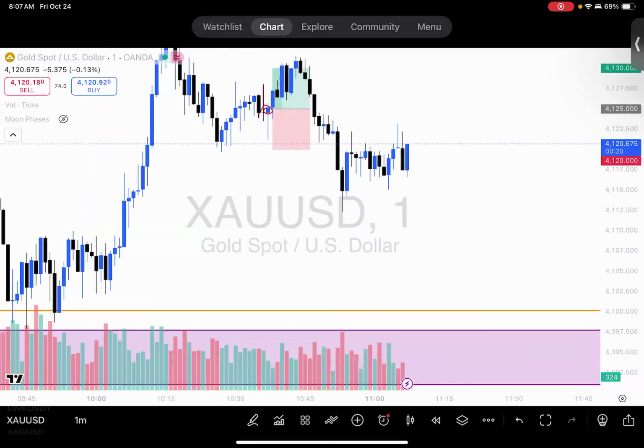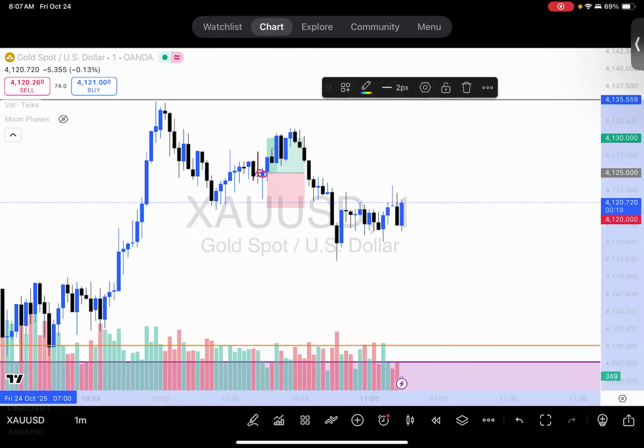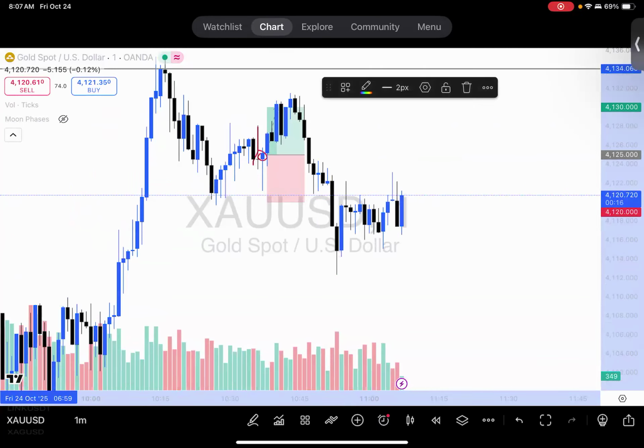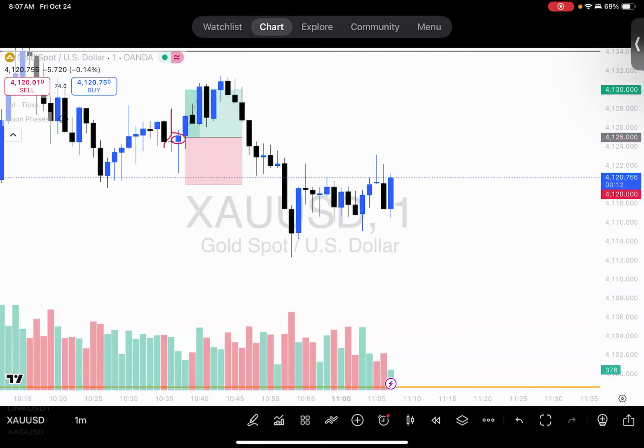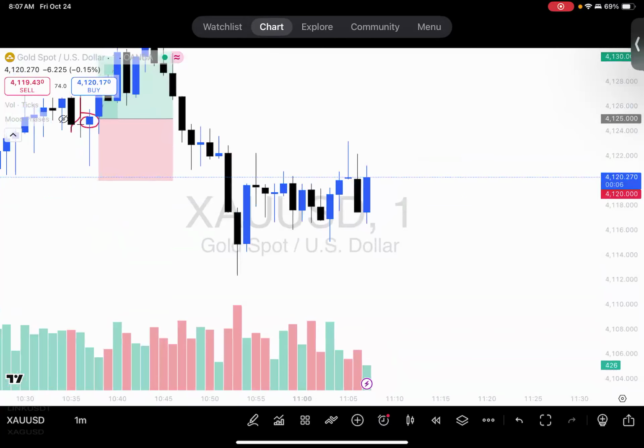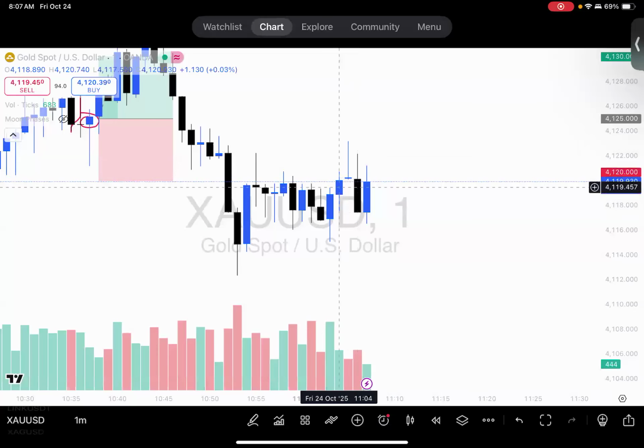Interested to see what happens here. We are reacting higher now again, which is interesting considering the candle pattern that we just had here. But let's just see how this continues to play out.